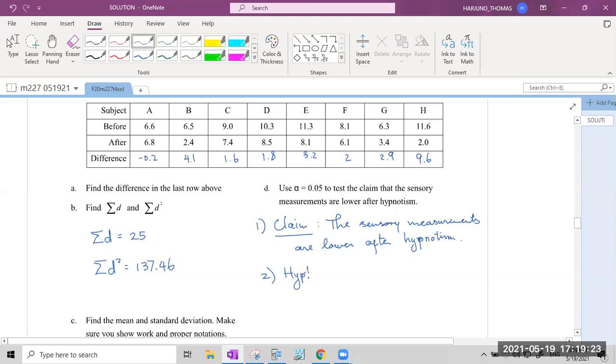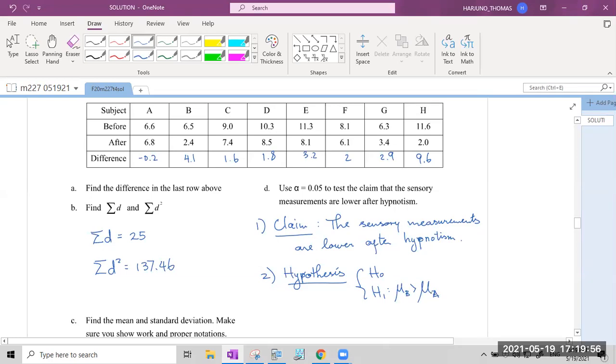Hypothesis. What happened? Null hypothesis, alternate hypothesis. So mu1 is greater than mu2, maybe before and after.